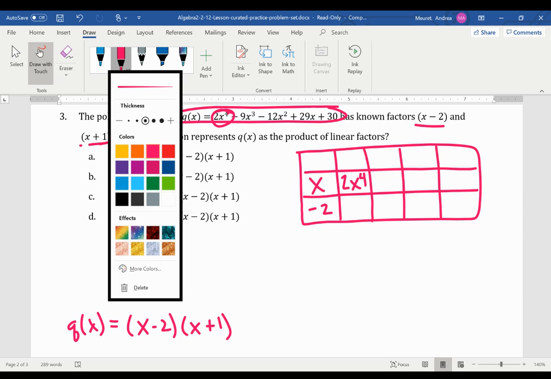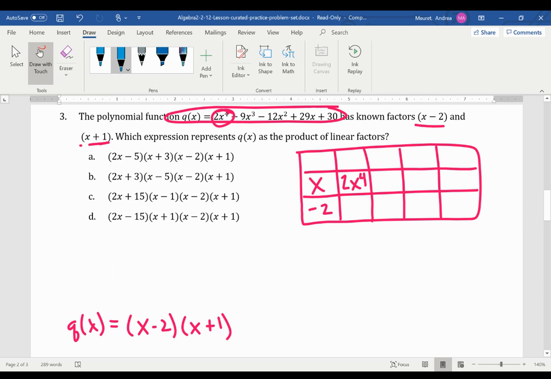And so I'm going to start that process again, what we did in the last one. Okay, so my target is 2x to the 4th, and that means x was multiplied by 2x to the 3rd. Now I multiply that 2x to the 3rd by negative 2, and that gives me negative 4x to the 3rd.